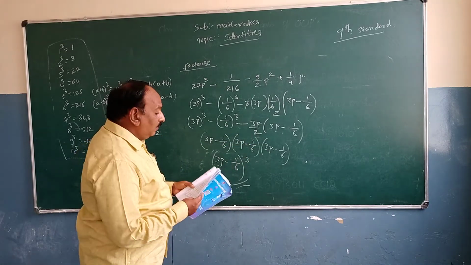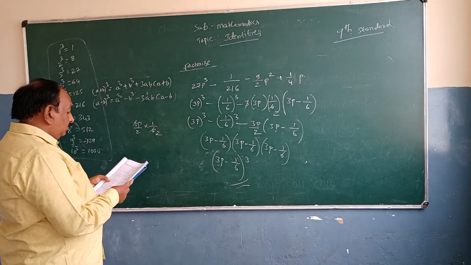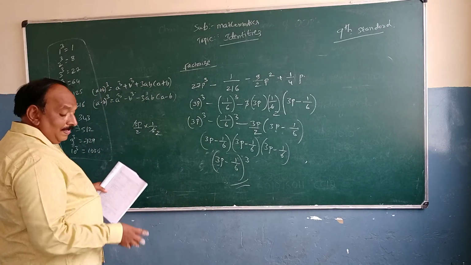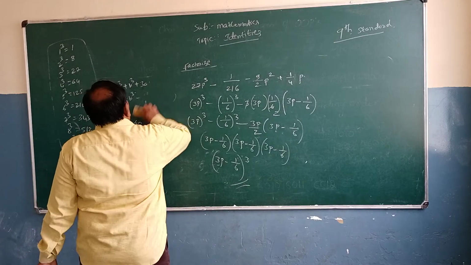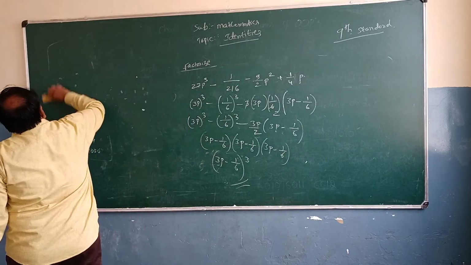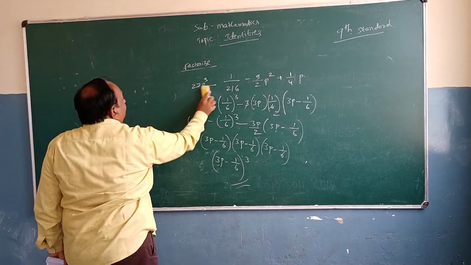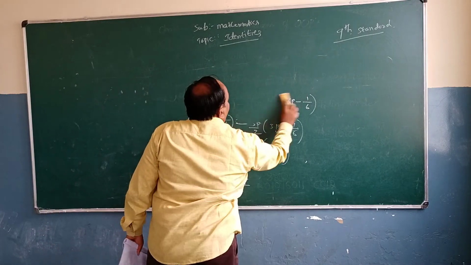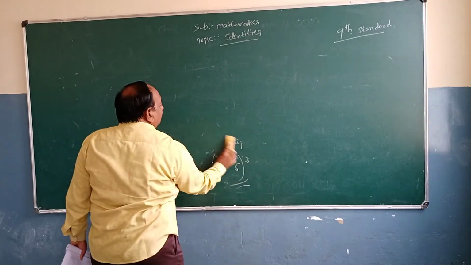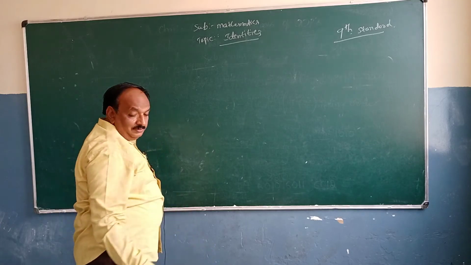So this is one type of factorization. Today we have solved this one, and next we will pass on to another identity, the very important identity that you have already learned somewhat in today's class. Let us learn more about that one.